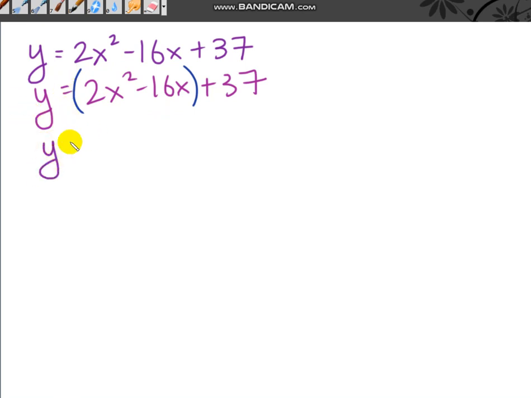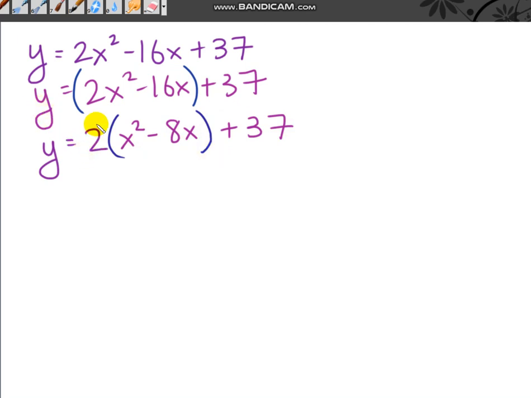So we have y equals, if we pull out a 2 here, parentheses, and then x squared, and then negative 16x divided by 2, which is negative 8x. And then plus 37 comes along for the ride on the outside.